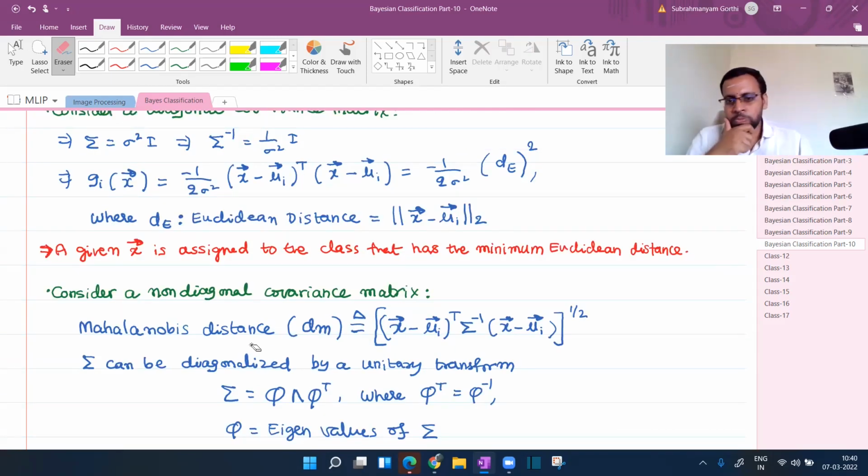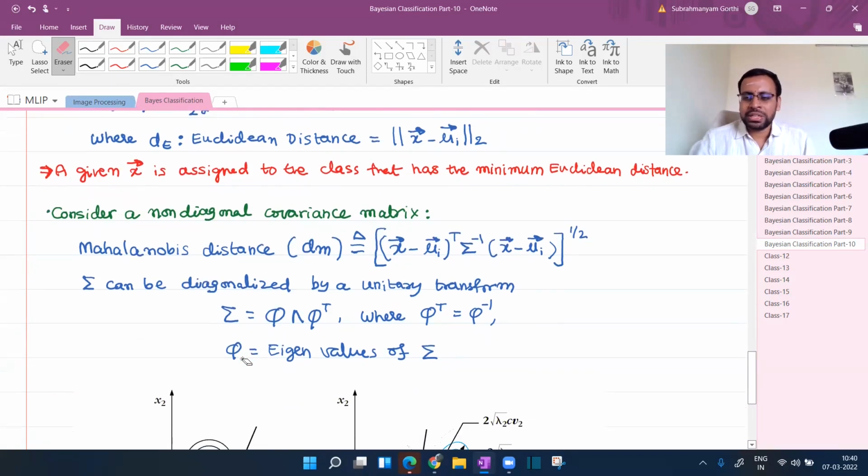The next question I pose to you is, how do the iso contours of this Mahalanobis distance, the same Mahalanobis distance points or vectors in the x1, x2 space, look like?